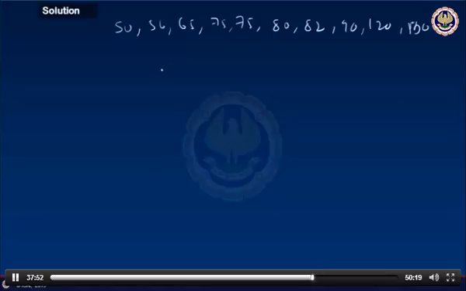Now we have to find the decile value D6, that is (n plus 1) by 10 into 6. We have to find the value of the 6th decile. In the case of the second, we write 2 here, the second decile.